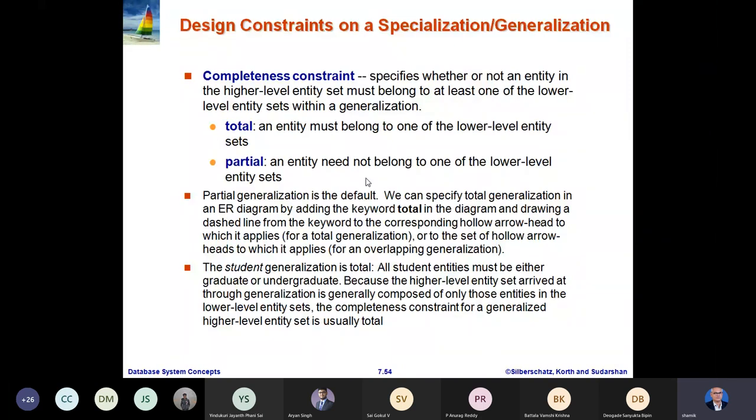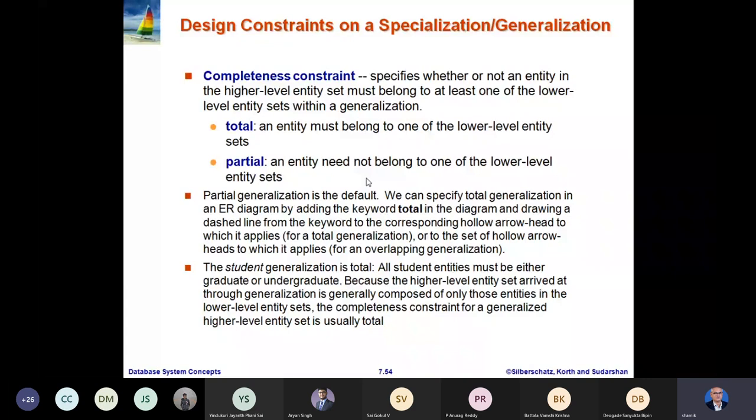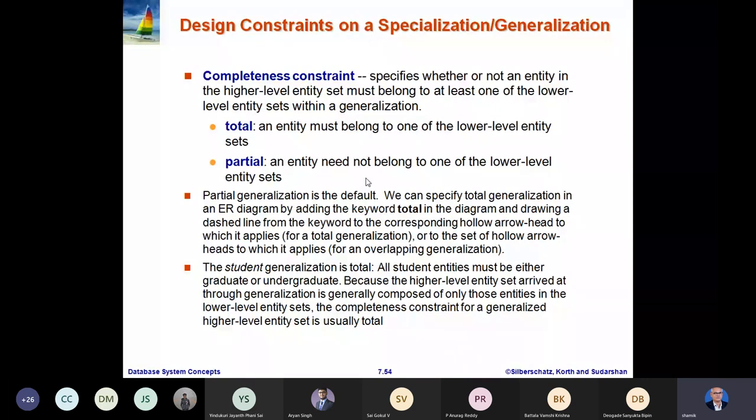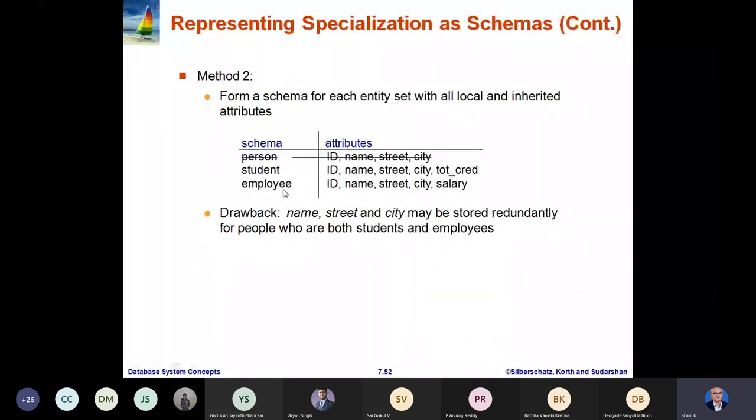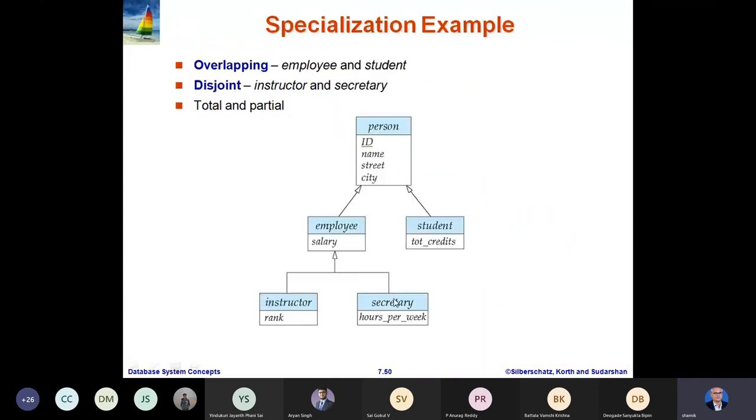So as we said, when some of them are overlapping, such as student and employee, then there could be some redundant rows in these two tables. But if they are disjoint, then it works like this here.